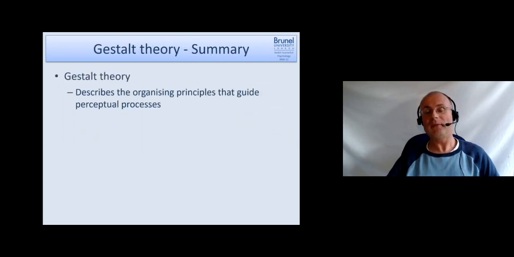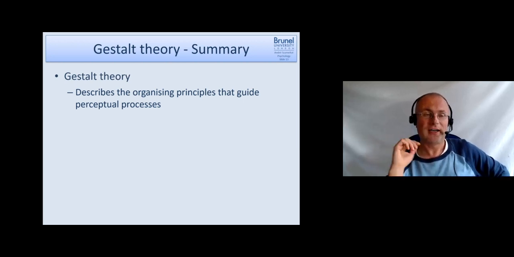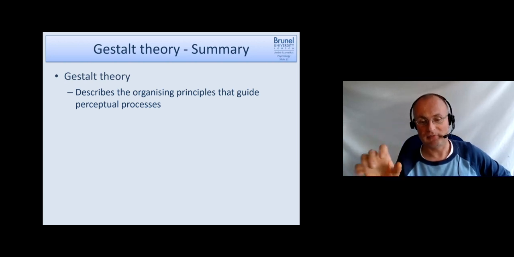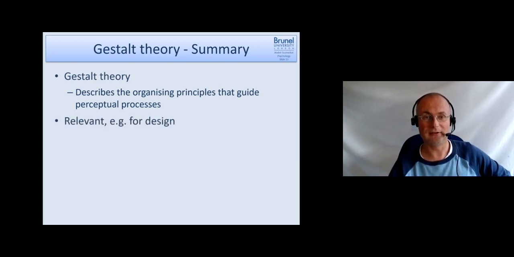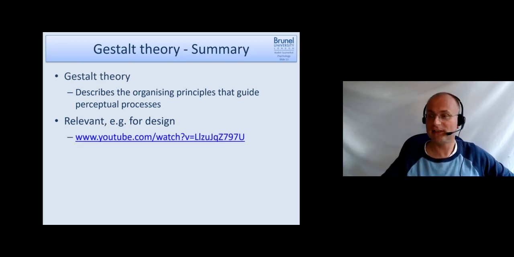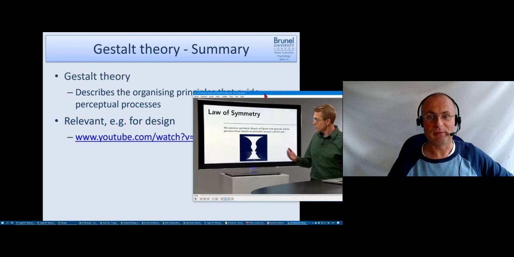Okay, so to summarize Gestalt theory, it describes the organizing principles that guide perceptual processes, at least some of them. It's these laws of grouping, similarities, and it's quite relevant for design of things. And to illustrate that, let's have a quick video clip. Wrong image. Let me put that.